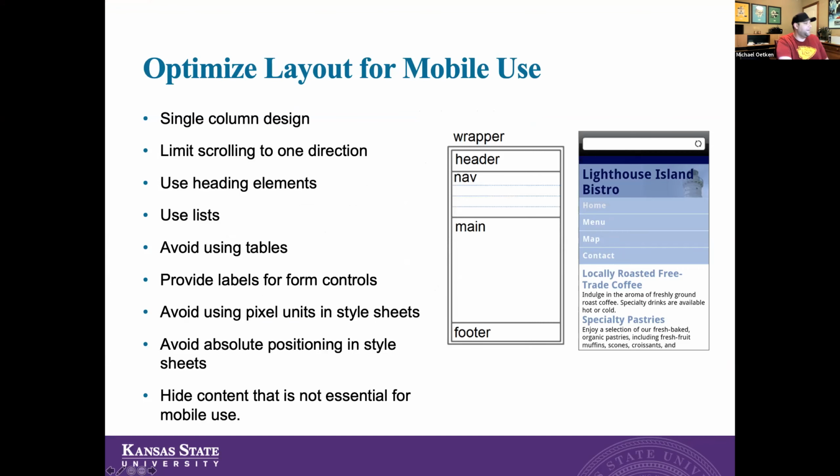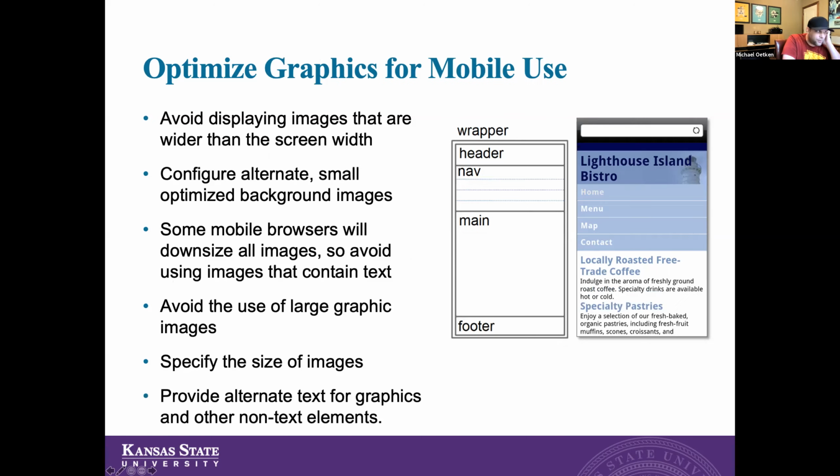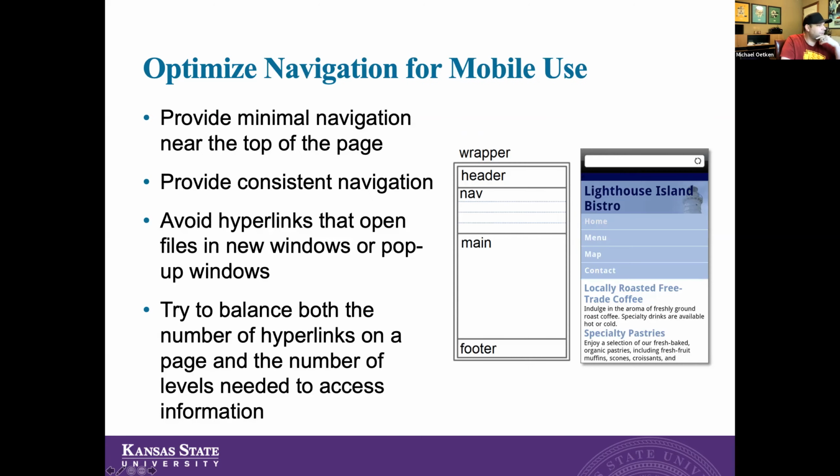All right, so talking about that navigation, right? We want minimal navigation towards the top of the screen, okay? We want to avoid hyperlinks that open files in new windows.